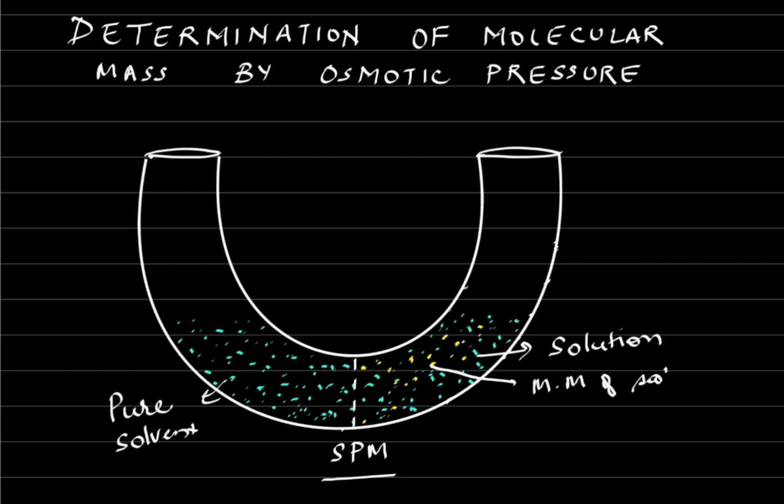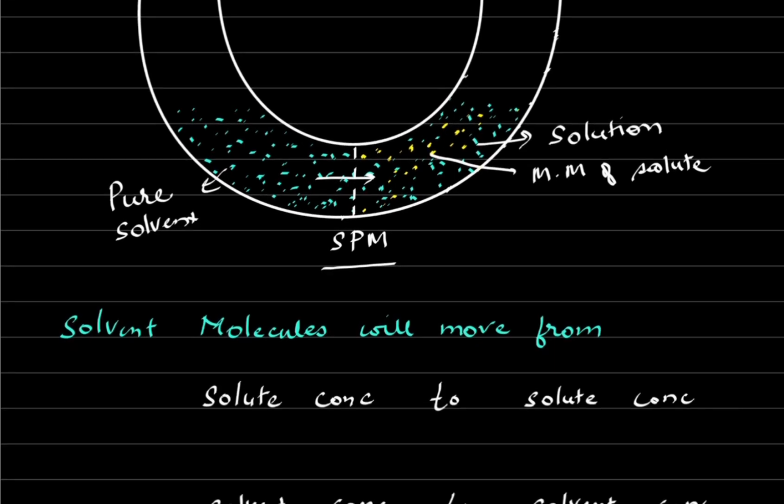Now, if you know osmosis, you know that when two solutions of different concentration are separated by a semi-permeable membrane, solvent molecules travel from a region of low solute concentration to a region of high solute concentration, which is your solvent to solution side.